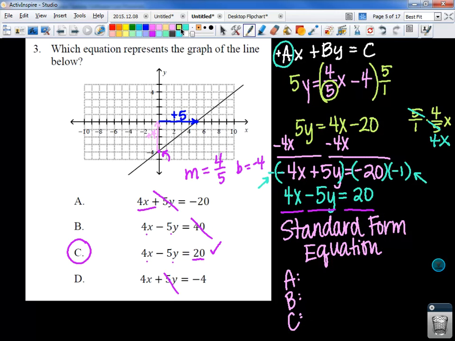So a is 4, b is -5 because it's -5 there, and c is 20.